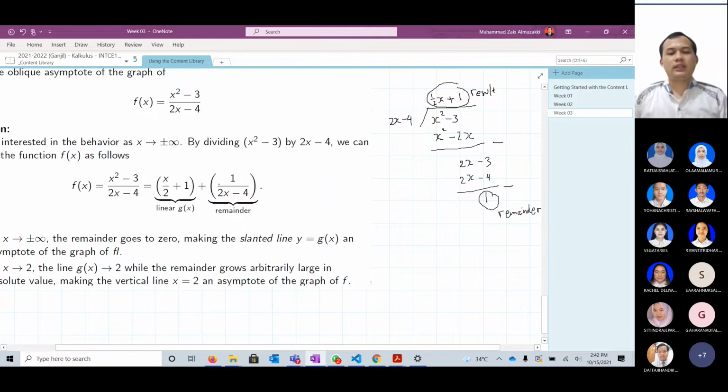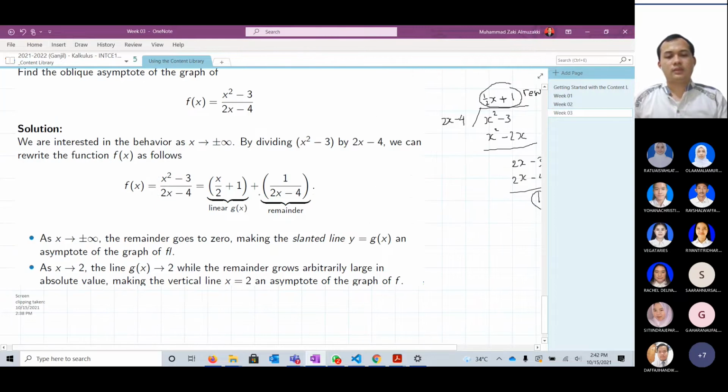Jadi kita punya hasil apa? X kuadrat min 3 itu bisa kita ubah menjadi hasil pembagiannya adalah setengah x plus 1, ya, x per 2 plus 1, ditambah kemudian sisa pembagiannya yang belum bisa kita bagi yaitu 1, ya, 1 tapi masih kita harus bagi dengan 2x min 4. For this part, is it clear? Clear, sir.